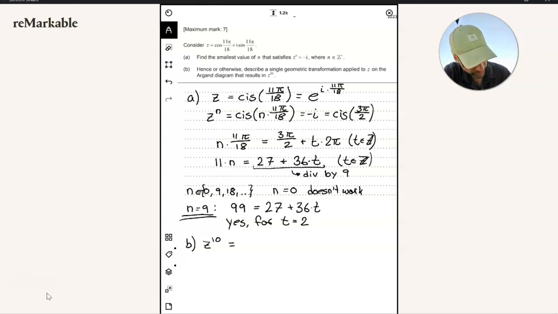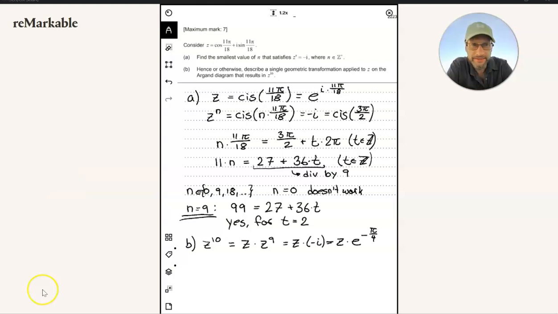So it's probably a good idea to say that this is equal to set multiplied with set to the power of 9, which is set multiplied with minus i. Or I would like to write it as set multiplied with e to the minus i pi over 2. Then we have to start thinking geometrically. Multiplying complex numbers has a really beautiful geometric interpretation when you think in terms of angles and moduli.